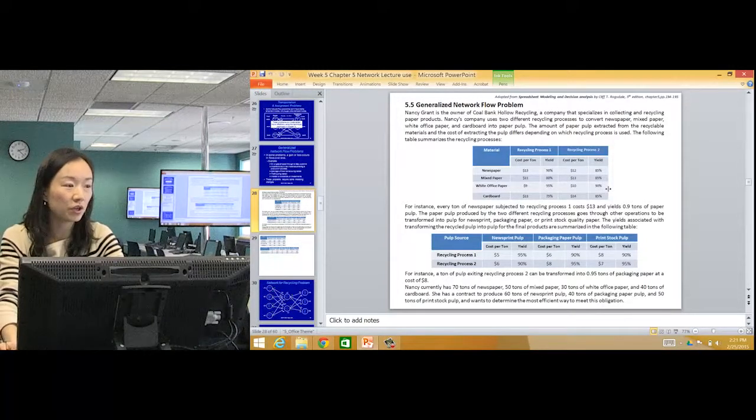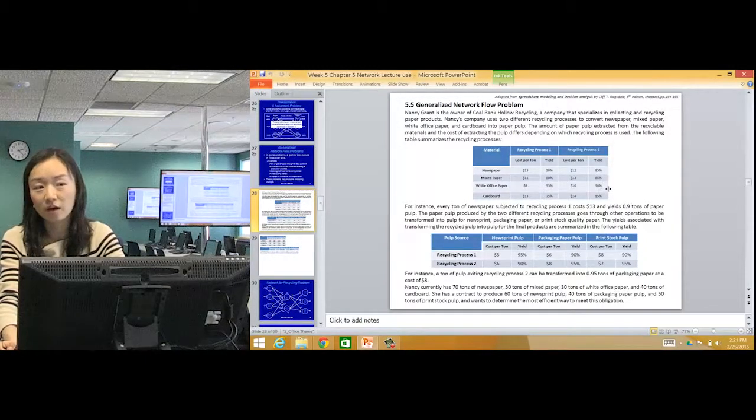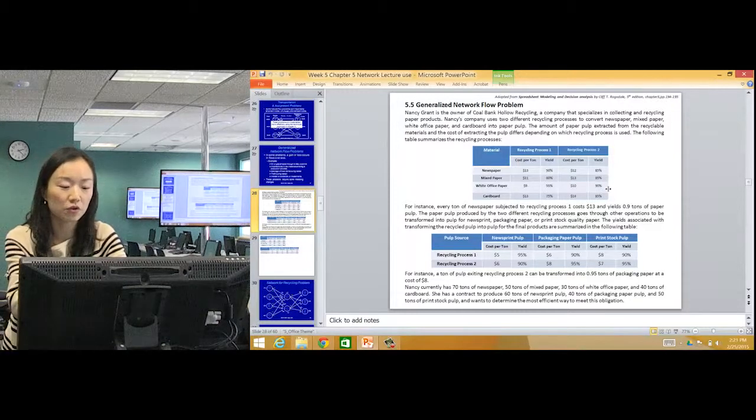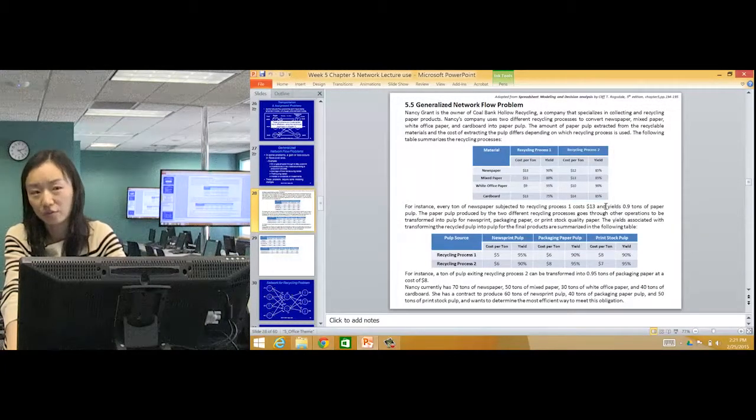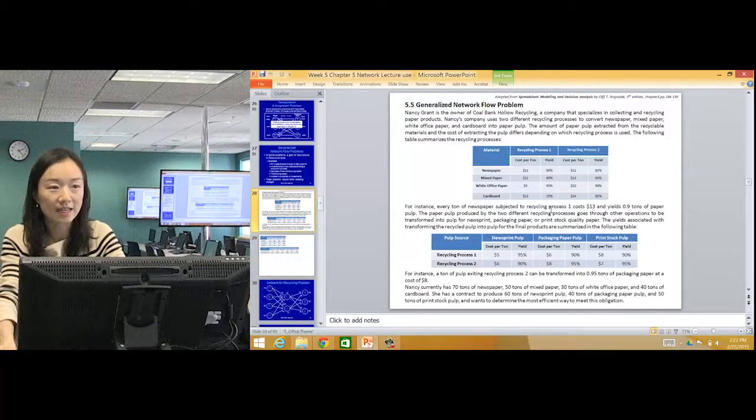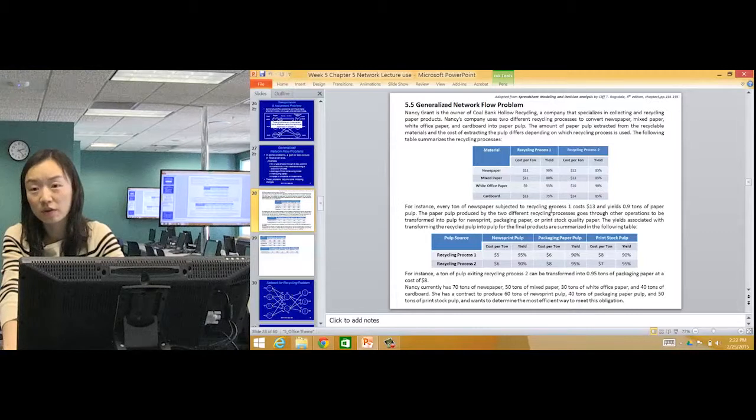So in this situation, if you take the total supply multiplied by the minimum yield rate here, and it's still greater than the demand, then you know you are able to meet the demand. Or if you take the total supply multiplied by the maximum yield rate here, and it's less than the total demand, then you are sure you can't meet the demand. So in these two situations, you can be sure what sign to use on all your constraints.